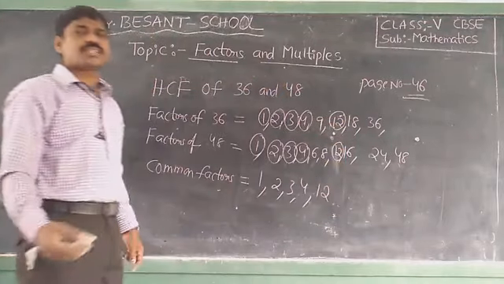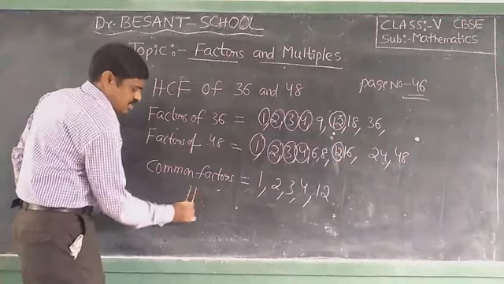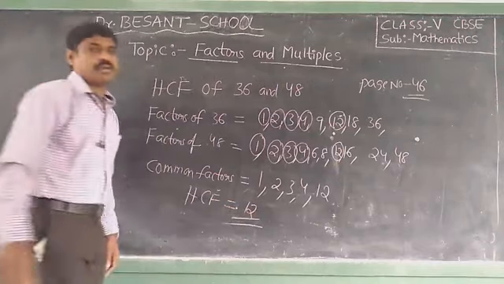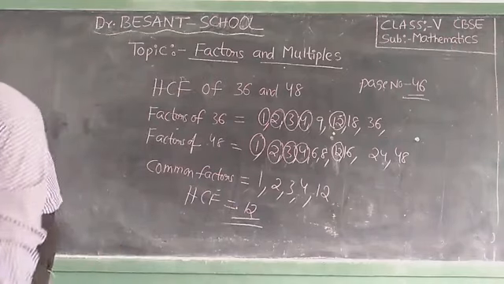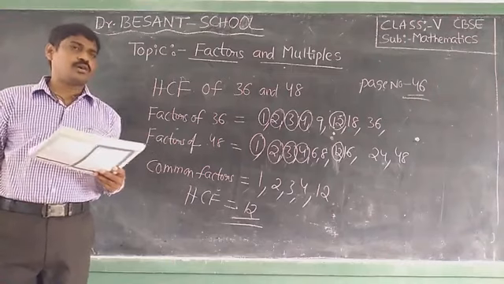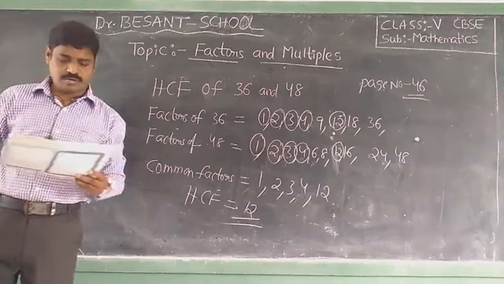That's all. So what is the highest common factor? The highest common factor is equal to 12. Okay, this is the way we have to find out. Children, note down.